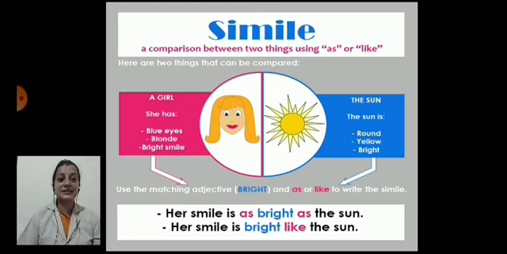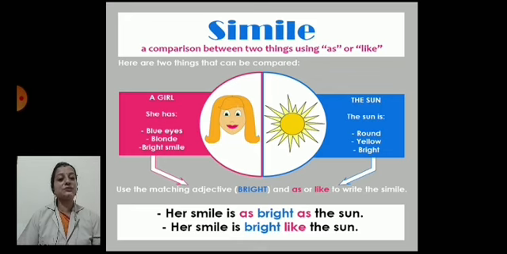Whose smile? The girl's smile has been compared to the sun. And which word have we used here to compare? As. We have used here the word as, right? And the second example, her smile is bright like the sun. Here also we have compared that girl's smile with the sun, with the brightness of the sun.